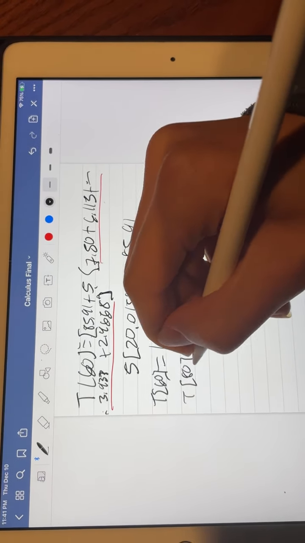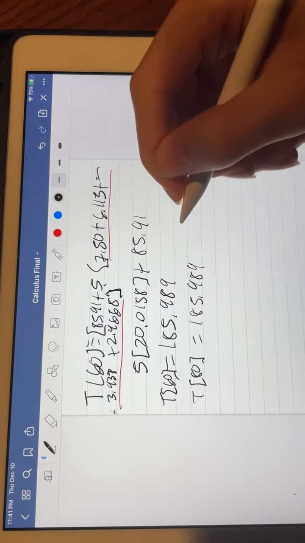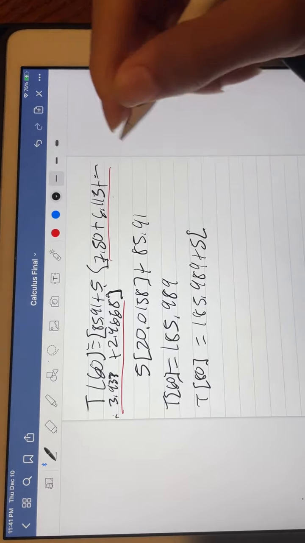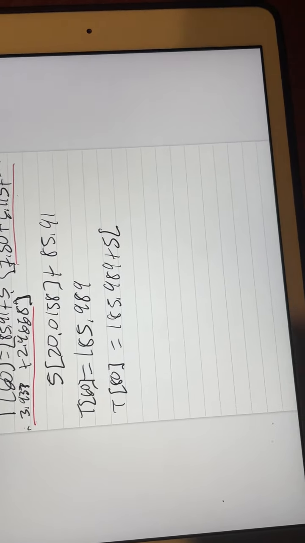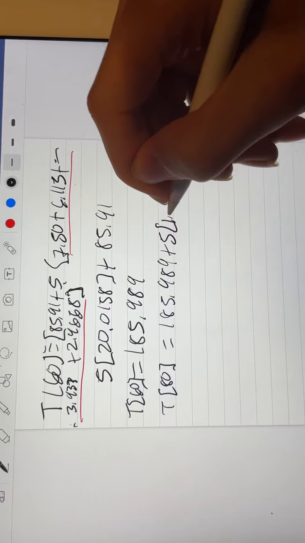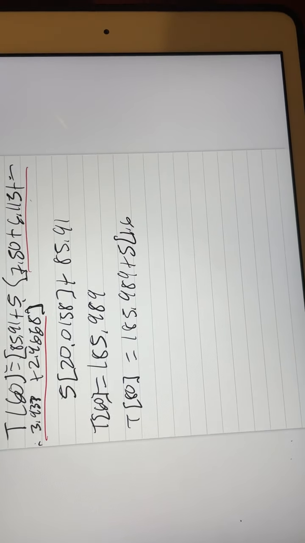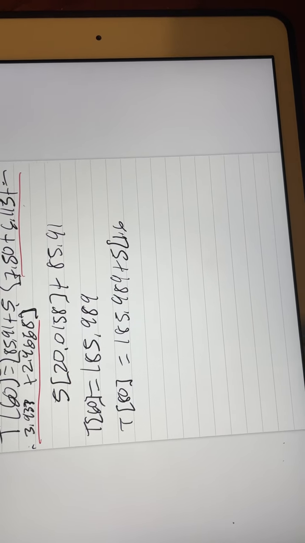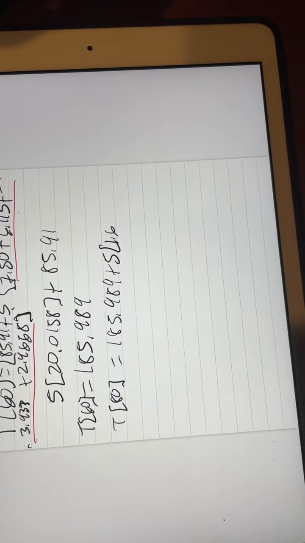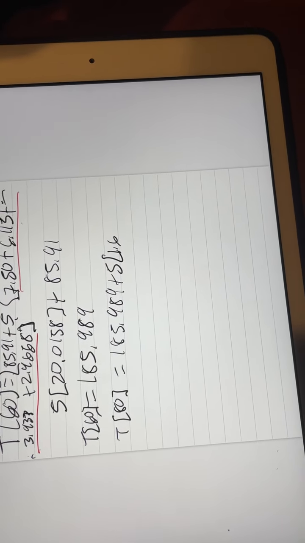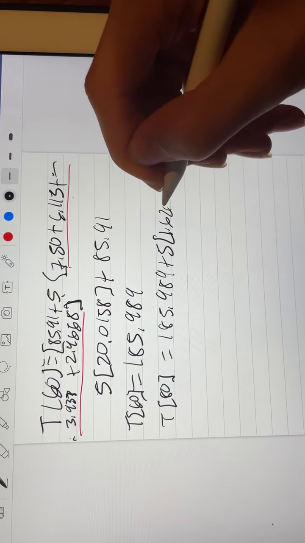So I'm just going to do the same thing, which would equal 185.989 plus 5. And then you would get, so you just substitute values. That would essentially be 65 through 80. So 65 would be 1.6208. There we go.